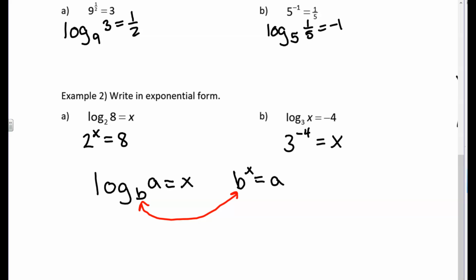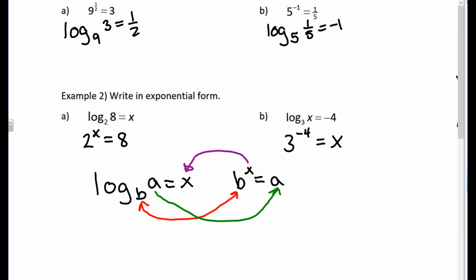And your x switches from the exponent in the exponential case to the answer, or the argument, in the logarithmic case. And your a switches from the thing that's inside the logarithm to being on the other side of the equation in your exponential case. So that's how they always line up.